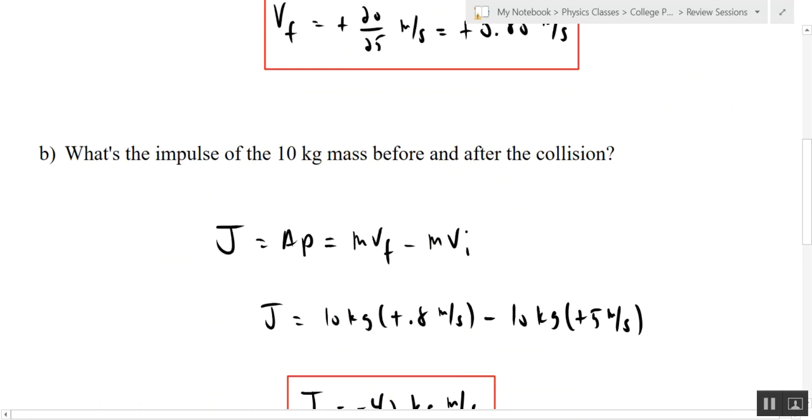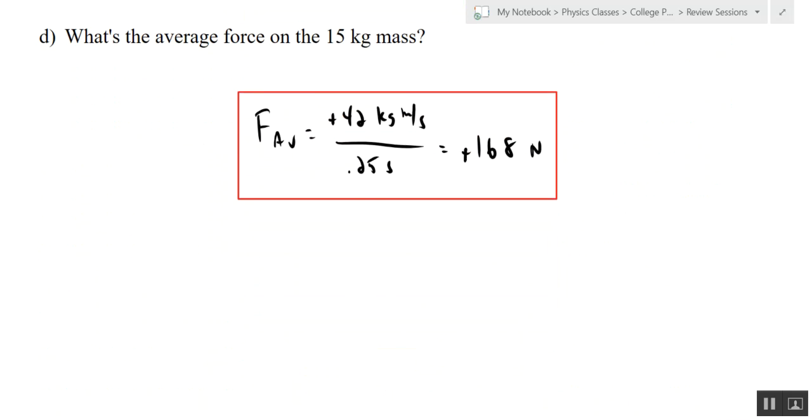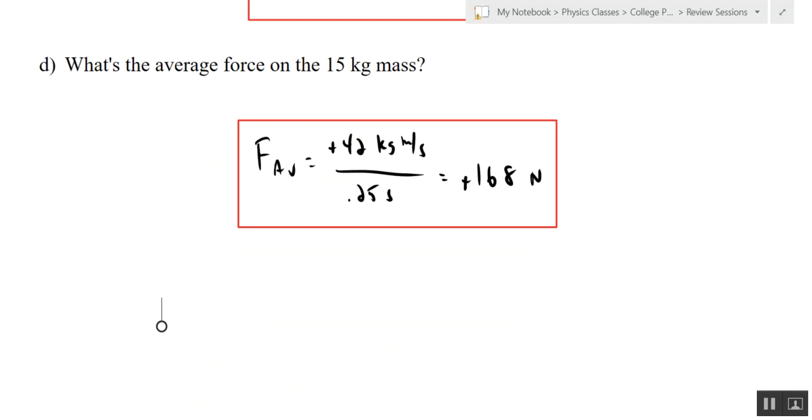Negative 2, right? And the final velocity was 0.8, right? It'd be 15 times 0.8 minus 15 times negative 2, because it was going at negative 2. So that's positive 42, right? And then you divide that by 0.25, and you get the same answer. It's 168, but positive.